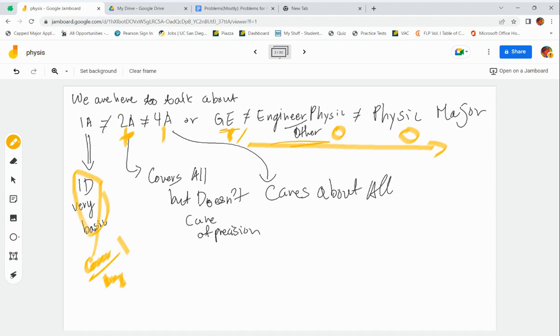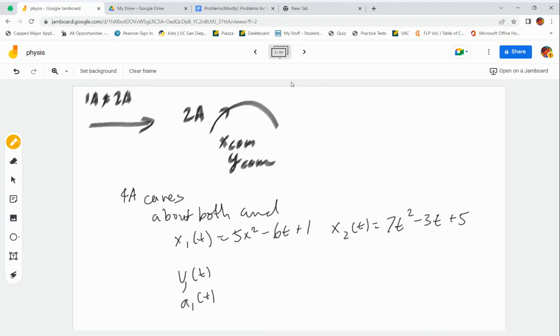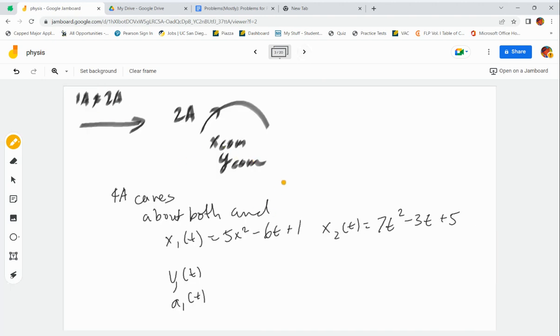It just does very basic 1D motion, while 2A does 2D motion, which is kind of funny actually. Think about it, the name actually makes sense. And 4A cares about everything really. So 2A cares about the component vectors, but other than that, they don't really focus too much on anything else.